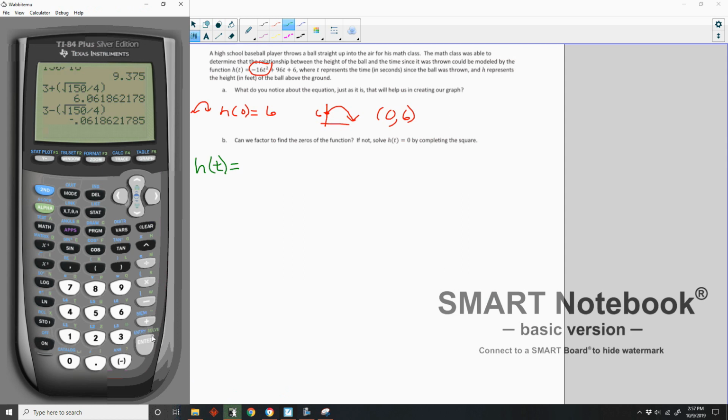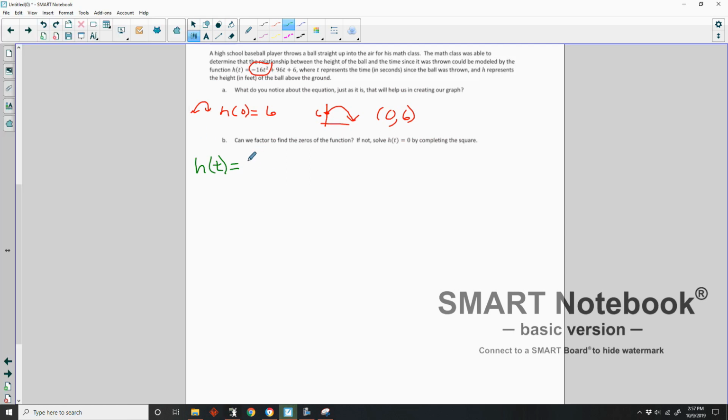There it is, 6.06 and negative 0.06. So that would be (6.06, 0) and (-0.06, 0). Those would be the two x-intercepts. All right.